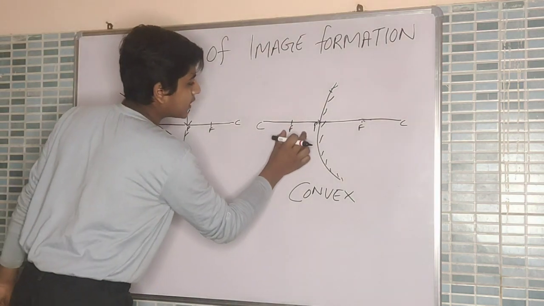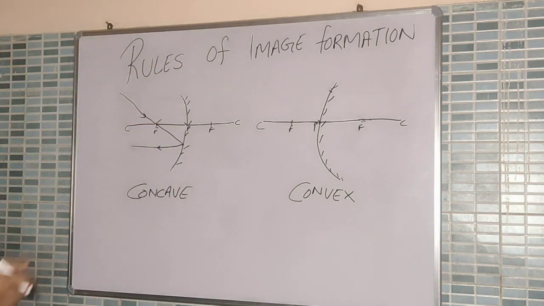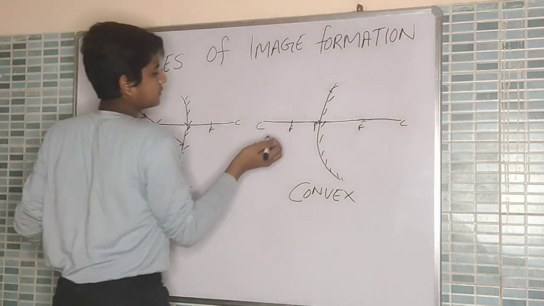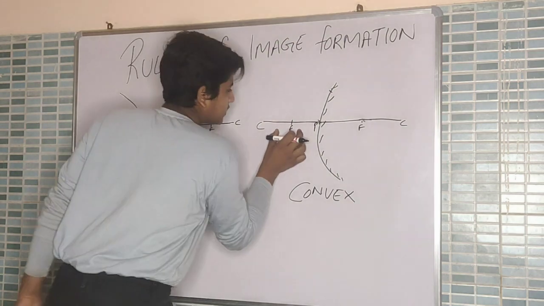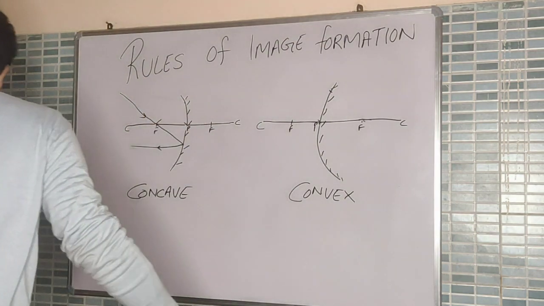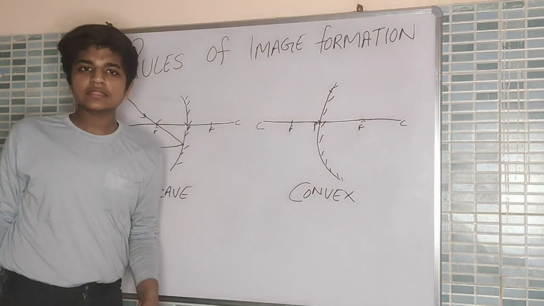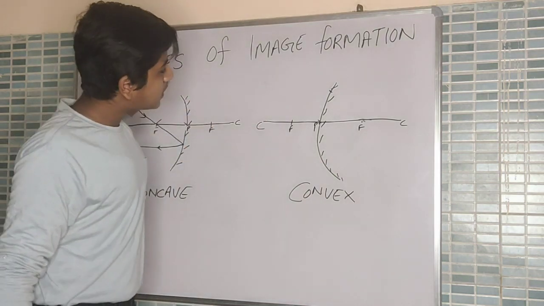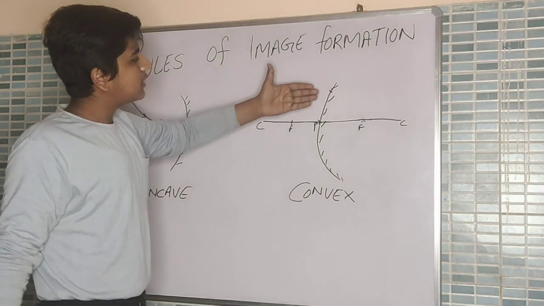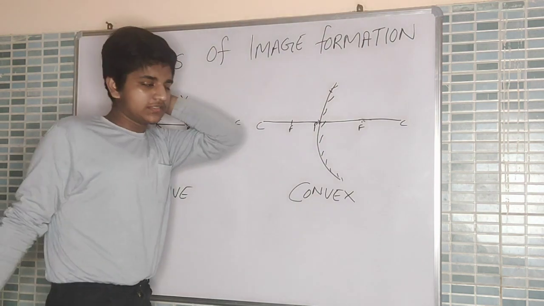And whenever a ray of light in a convex mirror is passing through focus, in this case I will be passing it through focus, but in some other manner. Like in the previous case, we have seen that whenever I pass a parallel ray of light, it will diverge the ray of light upwards.